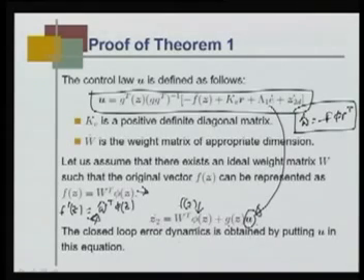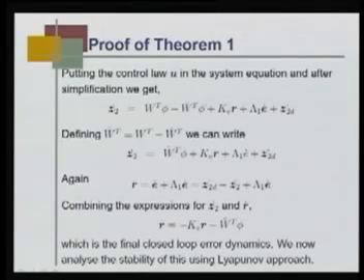So, the closed loop dynamics is obtained by putting u in this equation. After simplification we get Z2 dot is W transpose phi minus W hat transpose phi plus KVR plus lambda 1 E dot plus Z2 d dot.